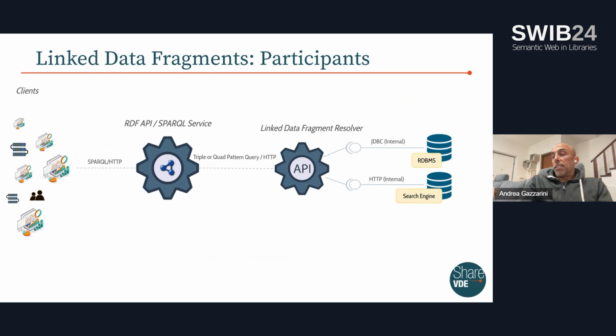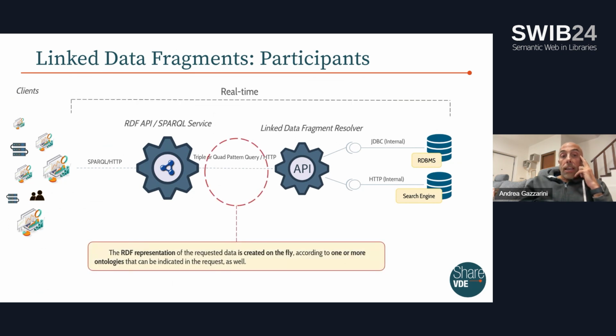And of course, this linked data fragment resolver needs to fetch the data somewhere. In Share-VDE, specifically, it fetches from the RDBMS and from the search engine. The advantage of such an architecture is that everything happens on the fly. If you noticed, we do not have any RDF store.